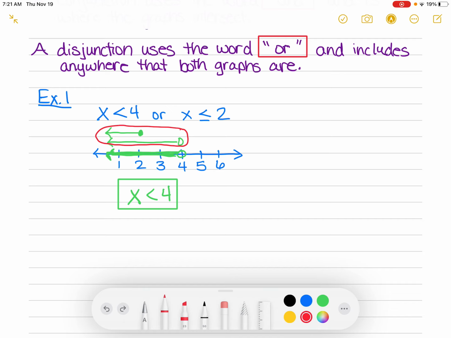So I would pick a number, let's say 5, and ask, does 5 work in that problem? No, it doesn't because it's not less than 4. But 3 would work, right? 3 is inside of one or the other. It's in this graph, not this graph, but that's okay because it only has to be in one of them.